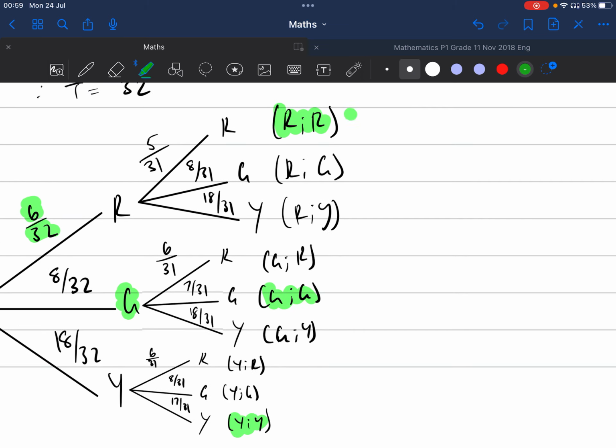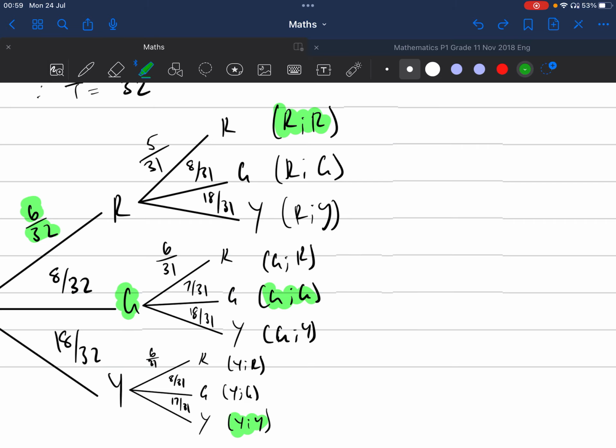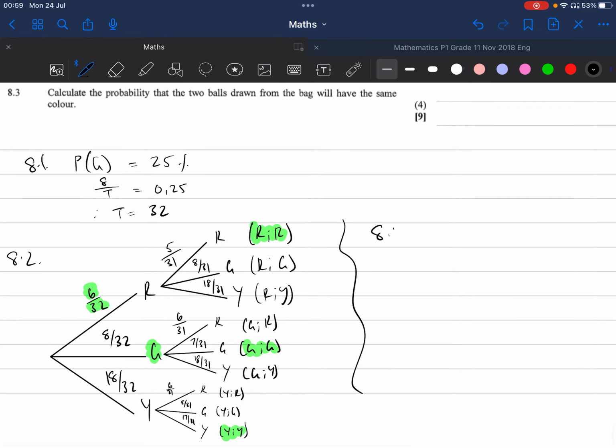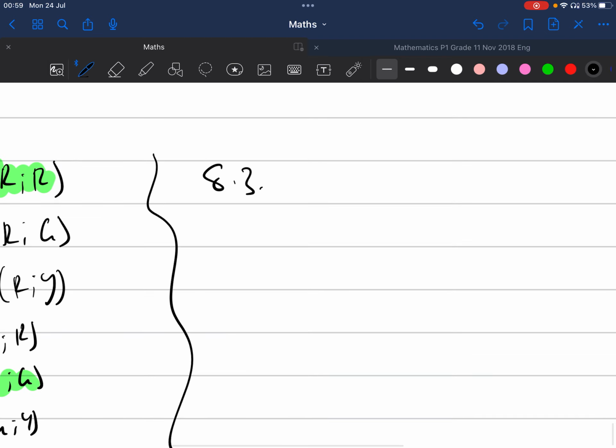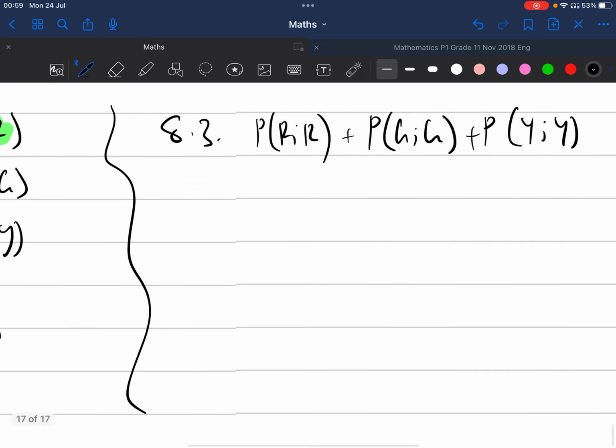I'm going to have to find the probability of this, the probability of that, and the probability of that, and add them all together. Okay, so let's start with this first one. Okay, this is 8.3. So I need to add the probabilities of red and red plus the probability of green and green plus the probability of yellow and yellow.